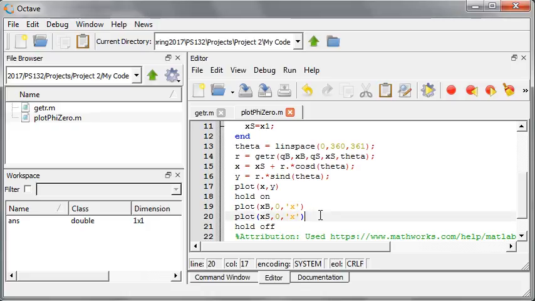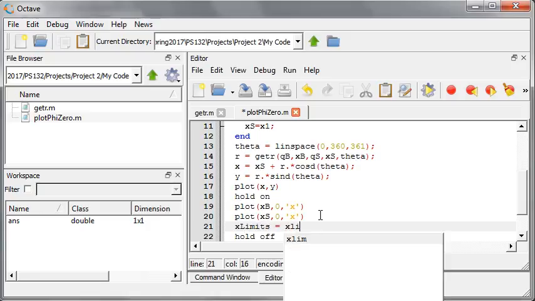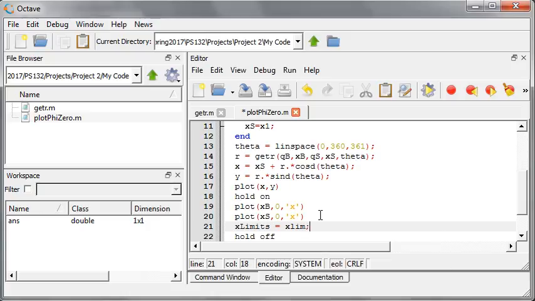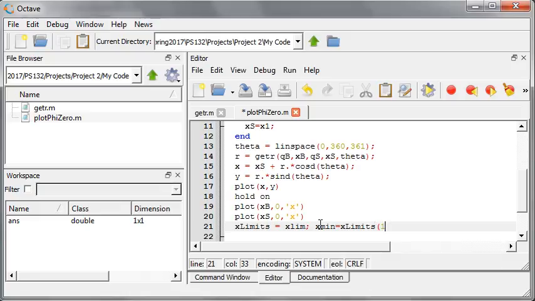So I did the plots. I'm going to try xlimits equals xlim, and apparently it returns a two-dimensional array. I'm going to go ahead and go xmin equals xlimits of 1. So the first element of that array is the lower limit on the x-axis.